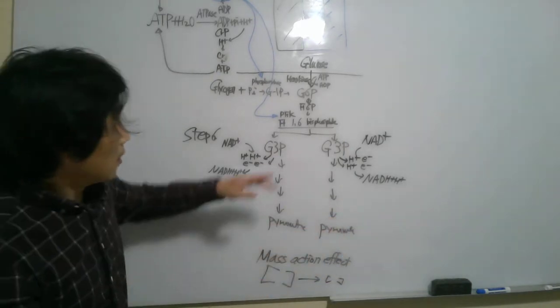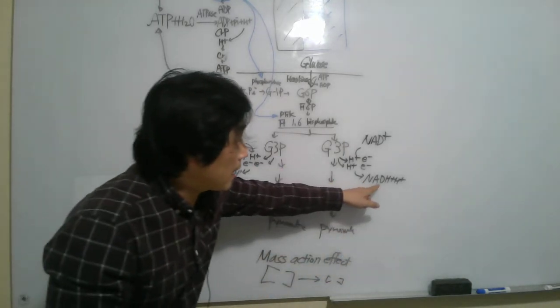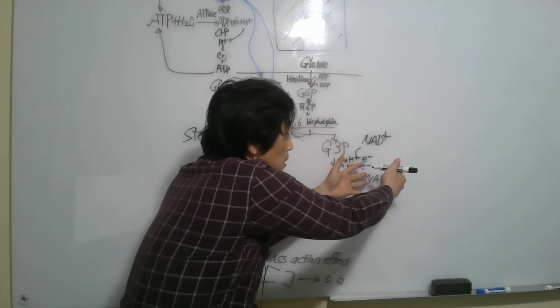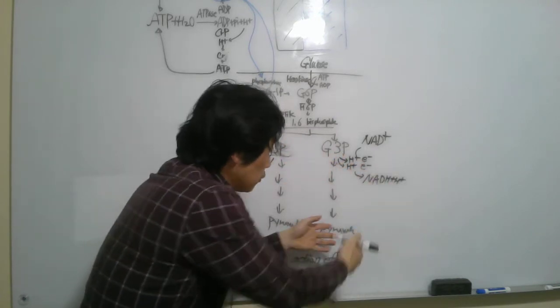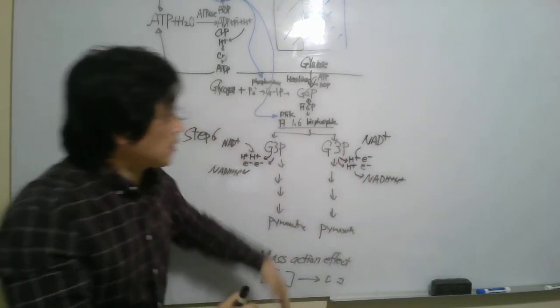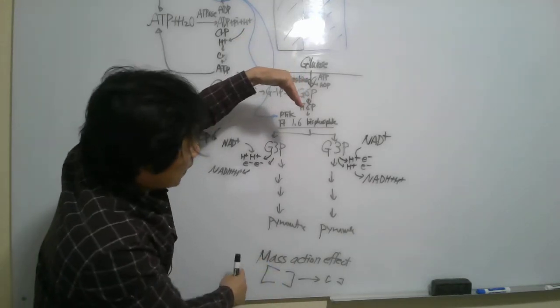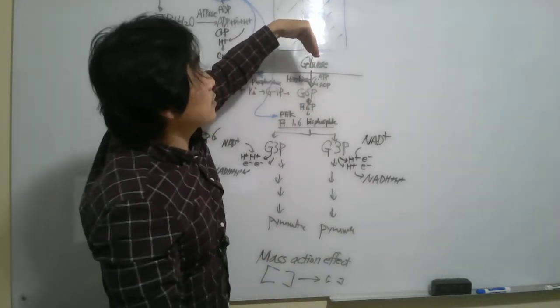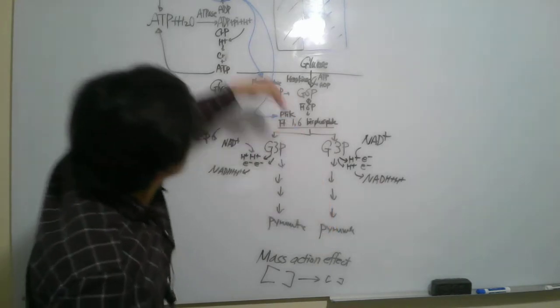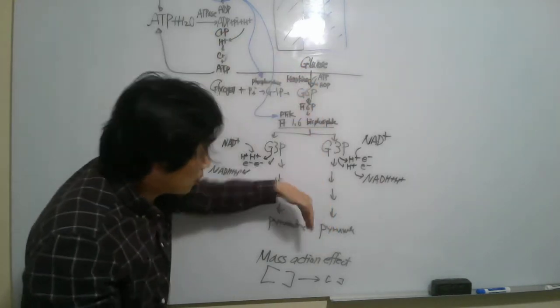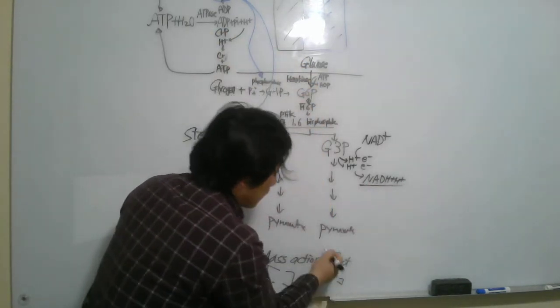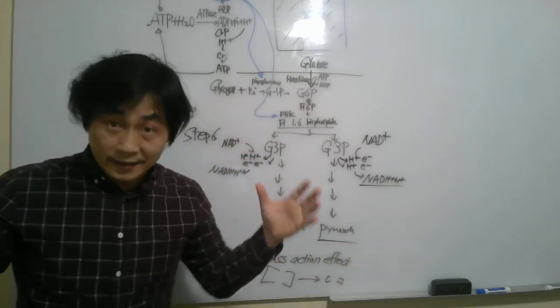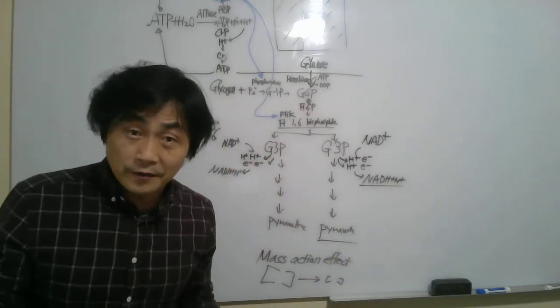But in this case, if NADH plus proton is accumulated and pyruvate is accumulated, based on the mass action effect, glycolysis cannot continue. Glycolysis cannot continue if NADH, proton and pyruvate are accumulated, right? So it should go somewhere.